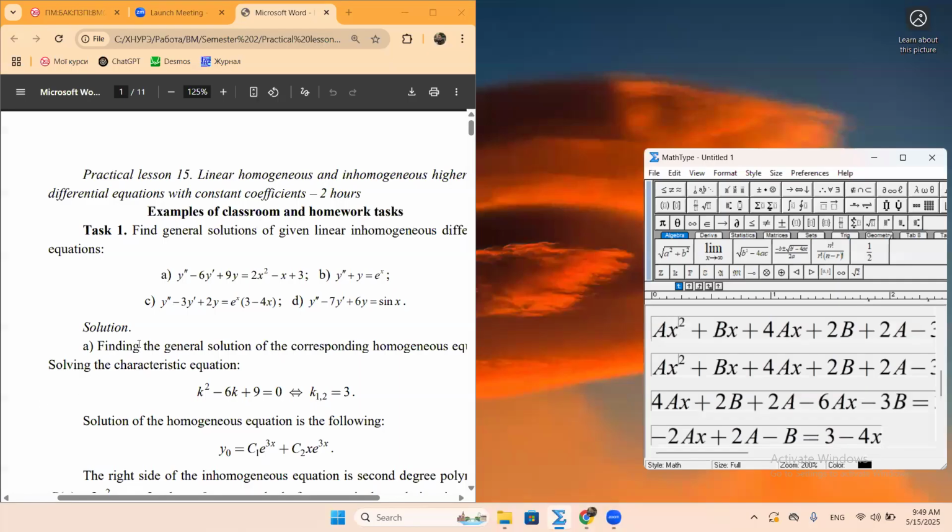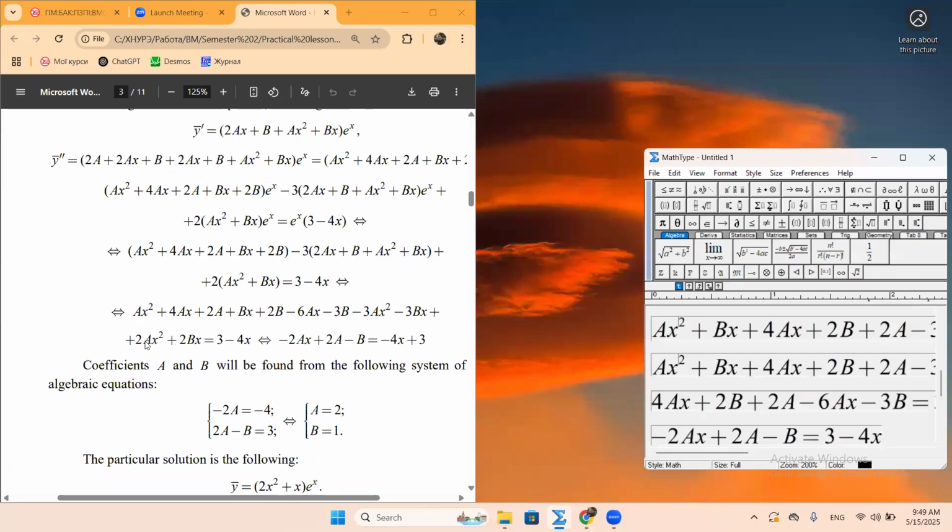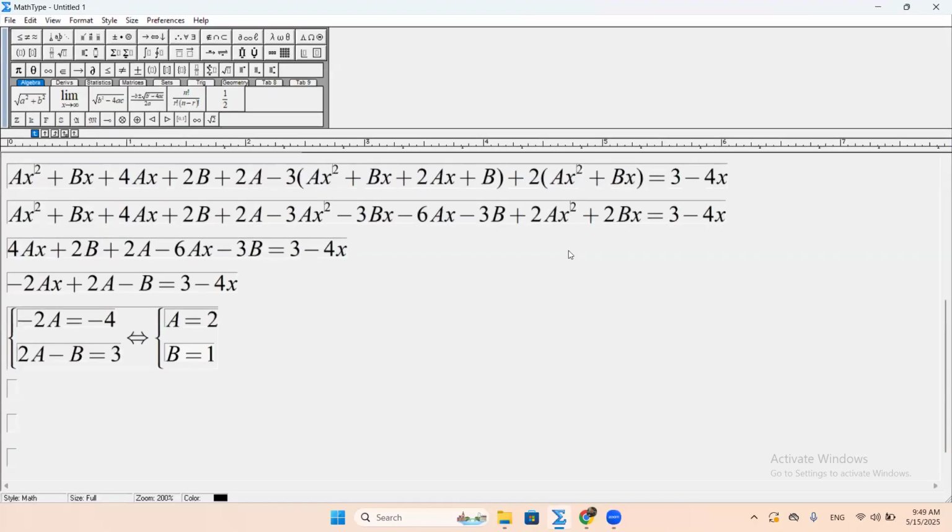So a equals 2, and then b equals 1. Let us recheck here. Yeah, correct. So y partial will be equal to e to the power of x multiplied by 2ax squared plus bx.